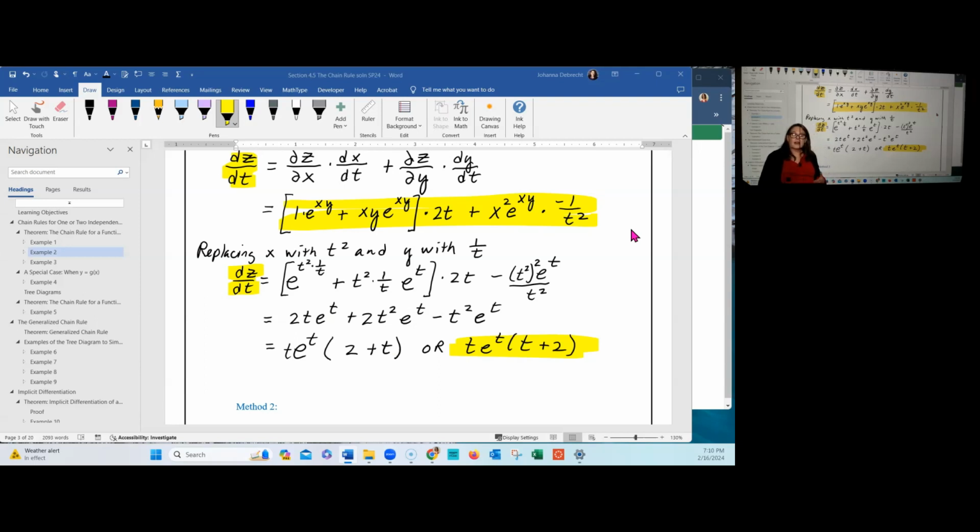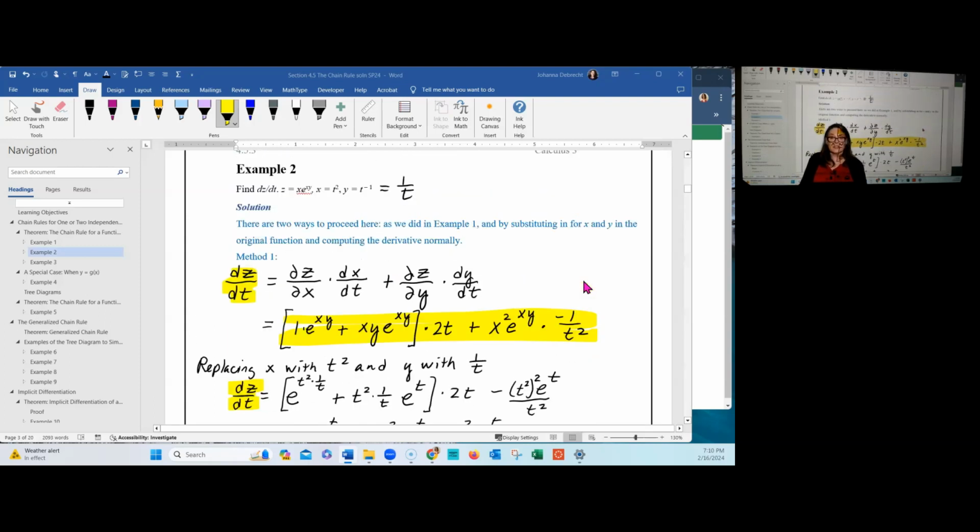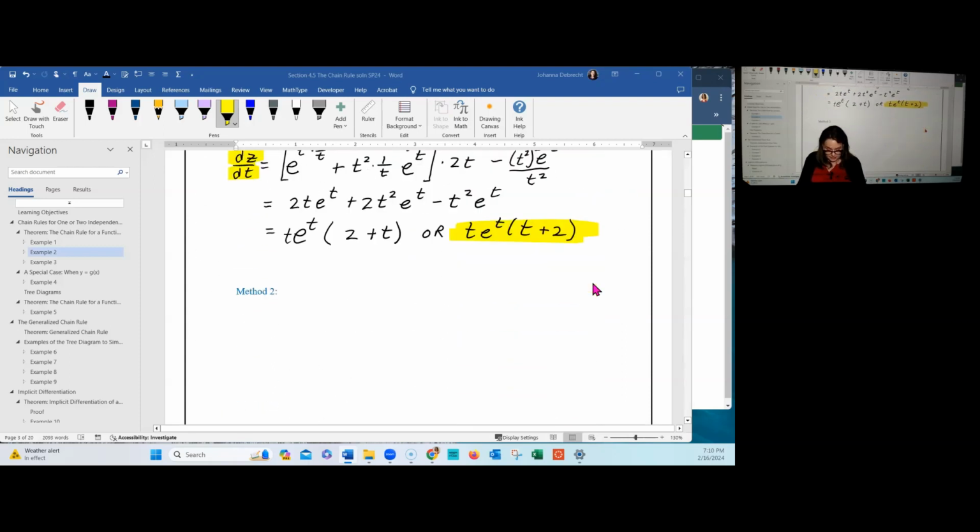Let's now think about another method of doing this one. We could, if we wanted, have taken the original equation, which was x e to the xy, and we could have replaced the x with t squared and the y with 1 over t from the beginning in the expression of z.